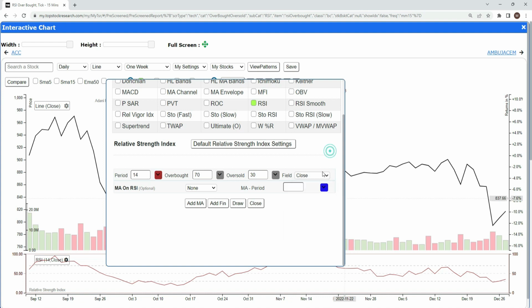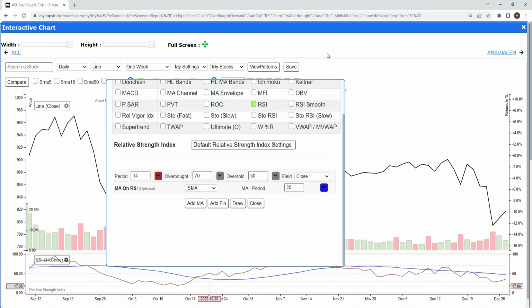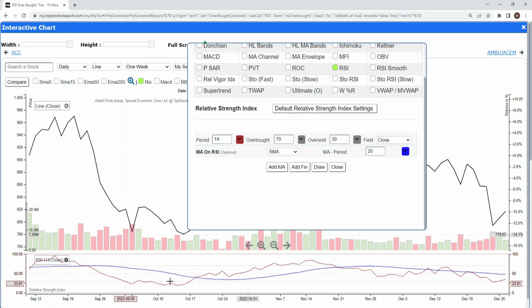Close being the standard one, you choose the SMA of your choice. What period are you looking at? Let me take a very standard SMA, which a lot of institutions use. So this is how you can plot RSI along with this chart, showing this on Bajaj Finance.